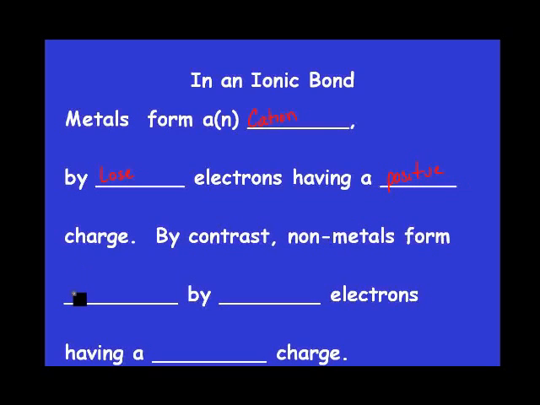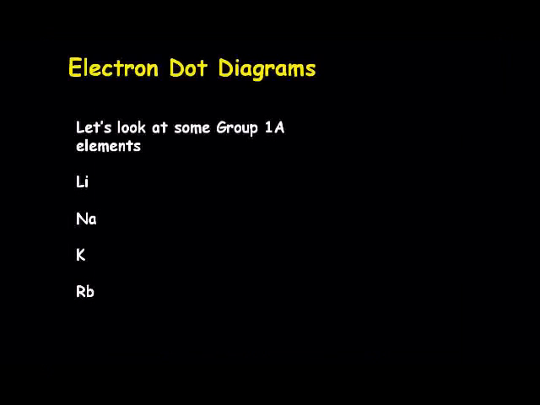By contrast, nonmetals form anions by gaining electrons, having a negative charge. Now, these electrons that we're talking about gaining or losing are our valence electrons. That's what we're going to be concerned about. And these valence electrons are the electrons that are in the outermost energy level.